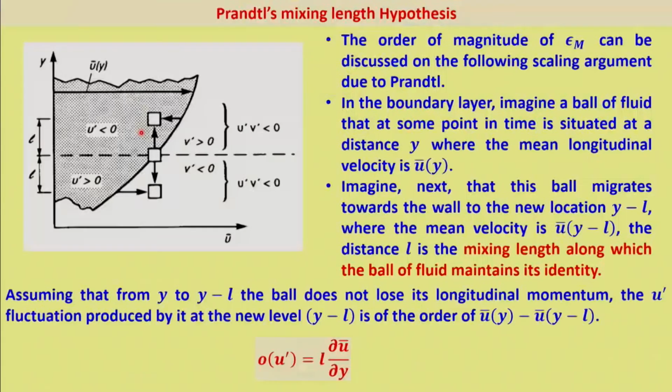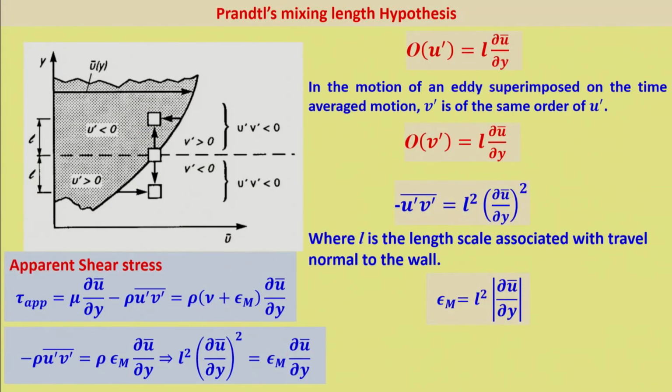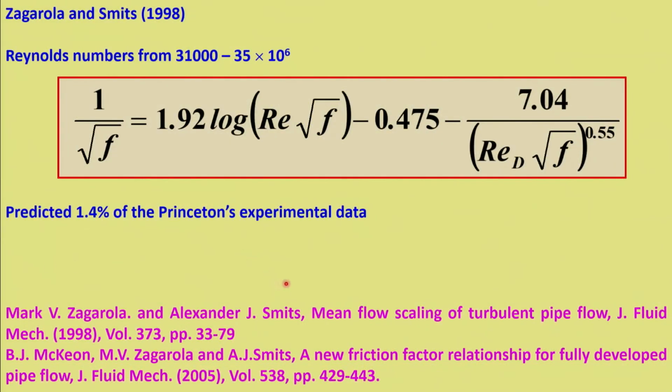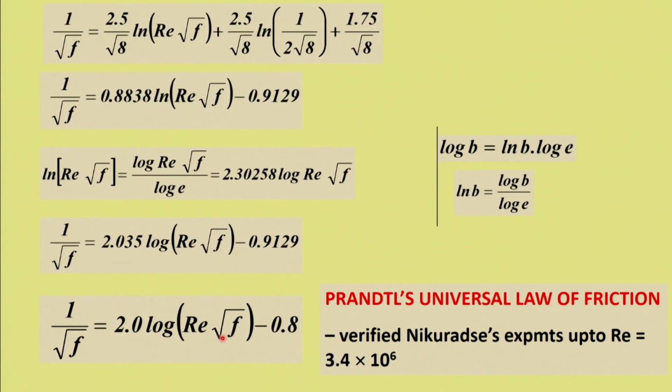You can extend this to the 3-layer model, and Prandtl's mixing length hypothesis gives us the epsilon m relation in terms of kappa and y and del u by del y. And then we went to friction factor, and we derived the friction factor using this universal velocity profile. You can see here that 1 by root f is 2 log of Re root f minus 0.8.